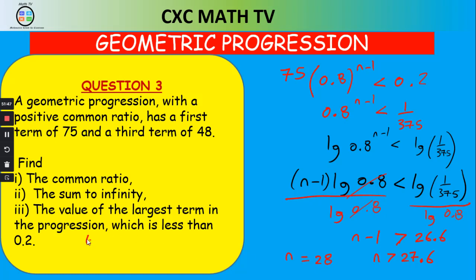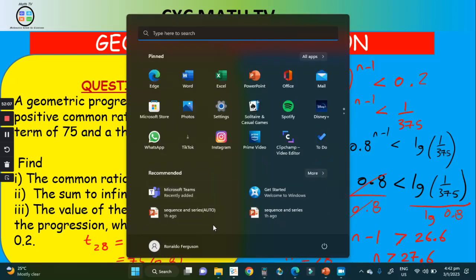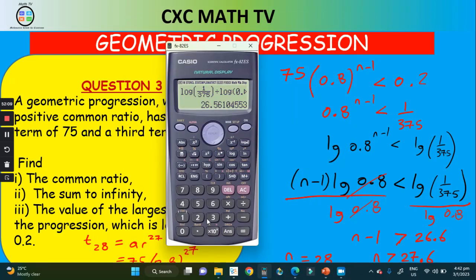So really and truly we need the 28th term, and the 28th term is going to be ar to the 28 minus 1, which is 27. So this is now 75 times 0.8 to the 27. That will give us the largest term less than 0.2. So put that in our calculator: 75 bracket 0.8 raised to the 27, and we get 0.18.